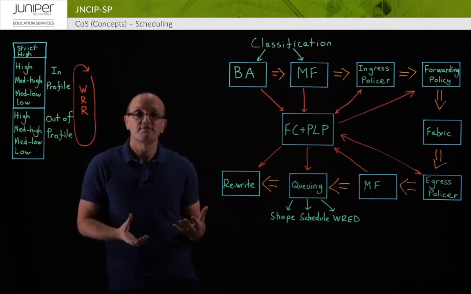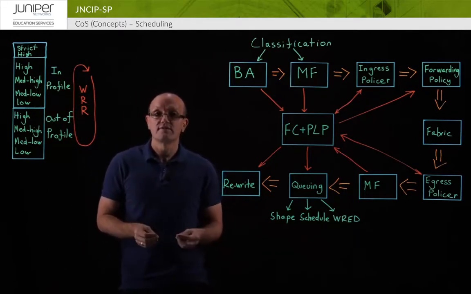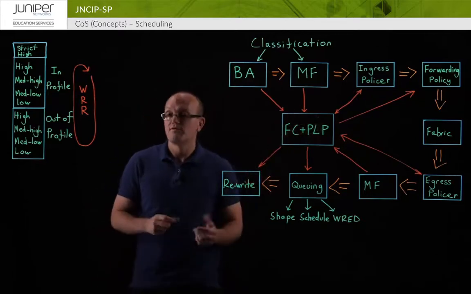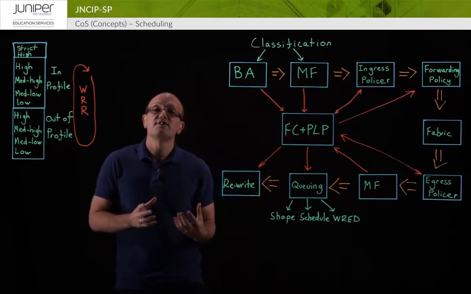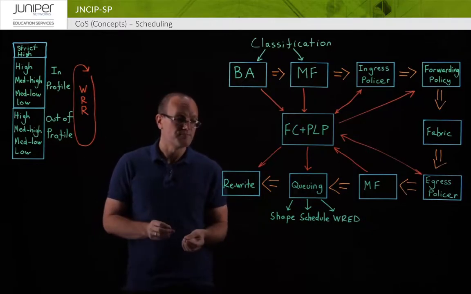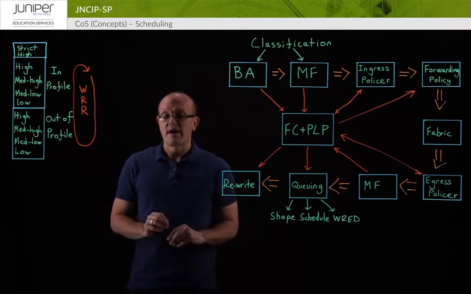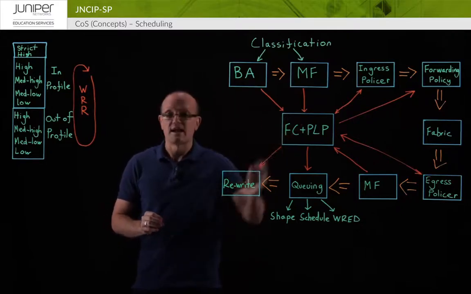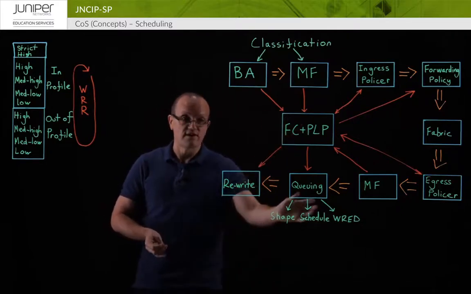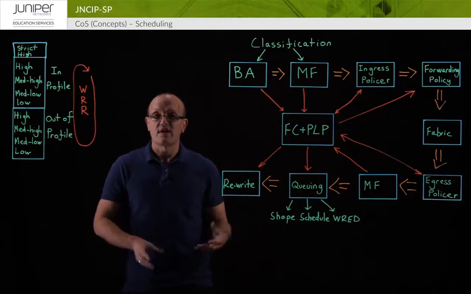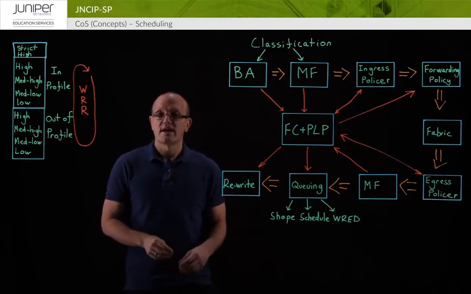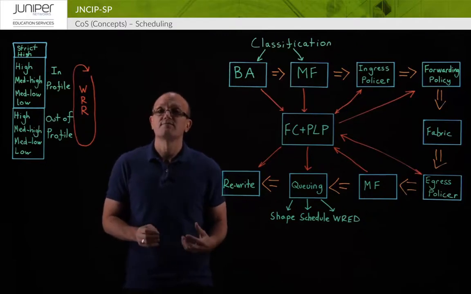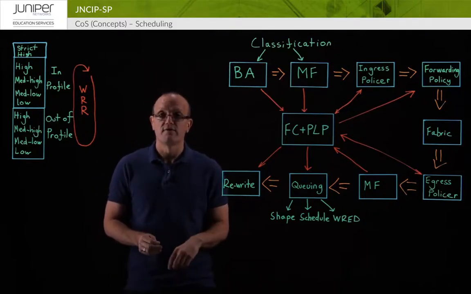So say we have video traffic, and we've assigned this video traffic to a video forwarding class. And this video forwarding class is pushing 200 megs of traffic out of the egress interface. That forwarding class is associated with a scheduler that has a 300 meg transmit rate. All of that video traffic is considered to be in profile.